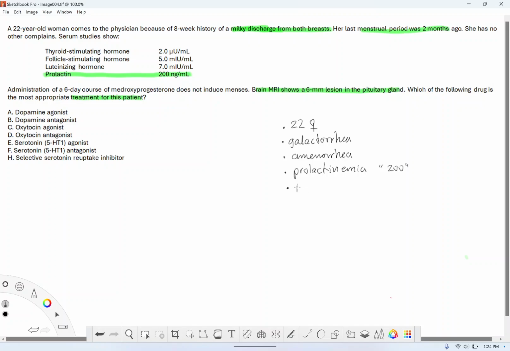When I have this combination of symptoms, signs, lab and imaging findings, there is no other option but to say this is prolactinoma. So my diagnosis would be prolactinoma.